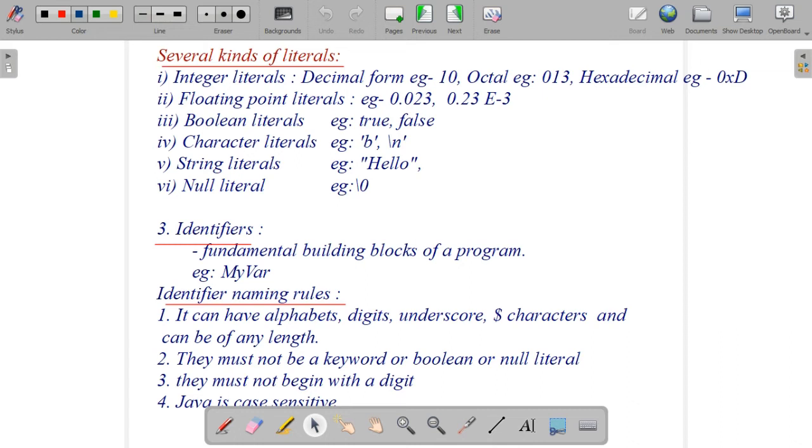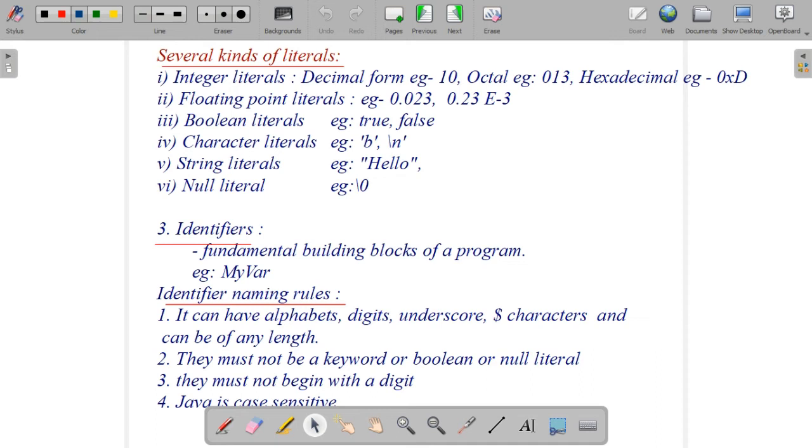In some questions, there will be a 2-mark question to identify which type of literal it is. In that case you have to identify it clearly. Sometimes they will give 0, 1, 2 as 0xc or something. So you have to remember the condition: starts with a non-zero number.